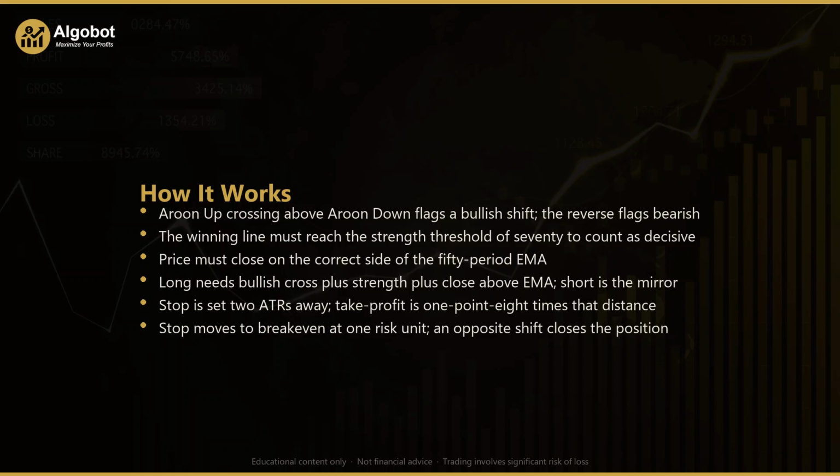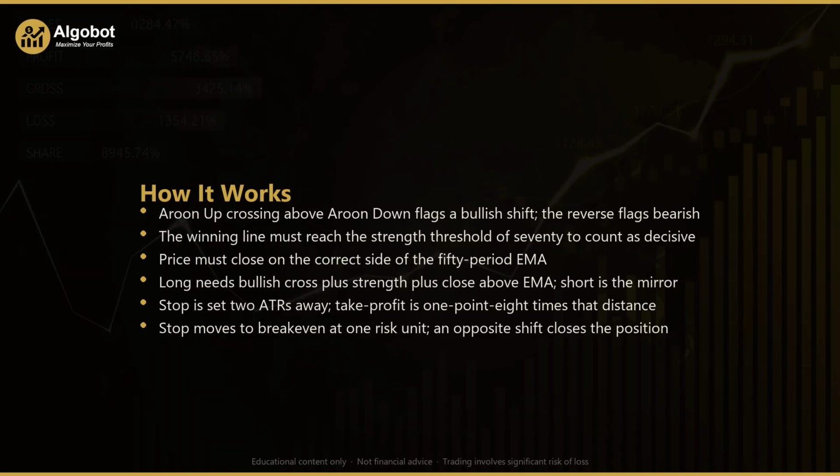But the strategy does not act on the cross alone. It applies two more conditions. The winning line must reach the strength threshold, set by default to 70. This filters out marginal crossovers that happen inside choppy, directionless conditions. On top of that, the completed bar must close on the correct side of the 50-period exponential moving average. For a long, that means the close is above the moving average.